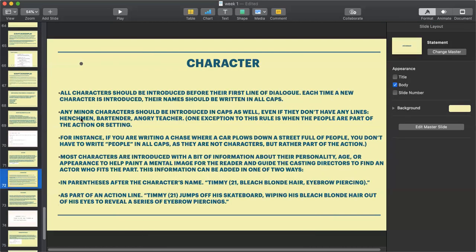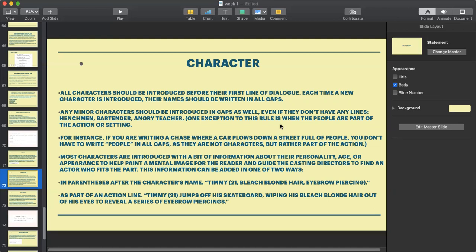Okay. Any minor characters should be introduced in caps as well, even if they don't have any lines. Okay. Henchman, bartender, angry teacher, because you have to gather all these characters here for the film. You have to show these characters separately on the film. So even if they don't have any dialogue, if I am the casting director in the film, so casting director is people who are in charge of who is going to play which character.